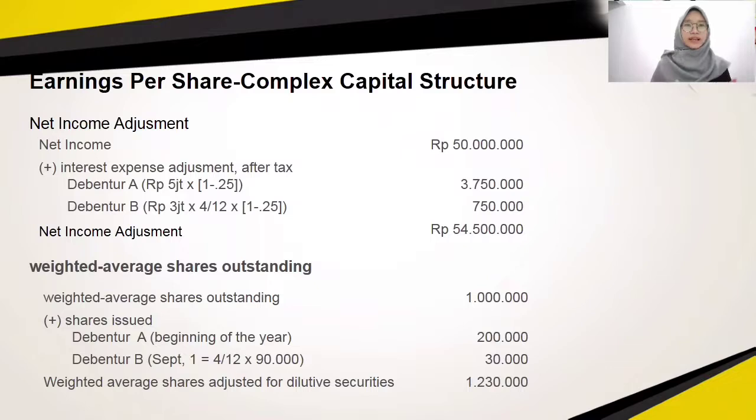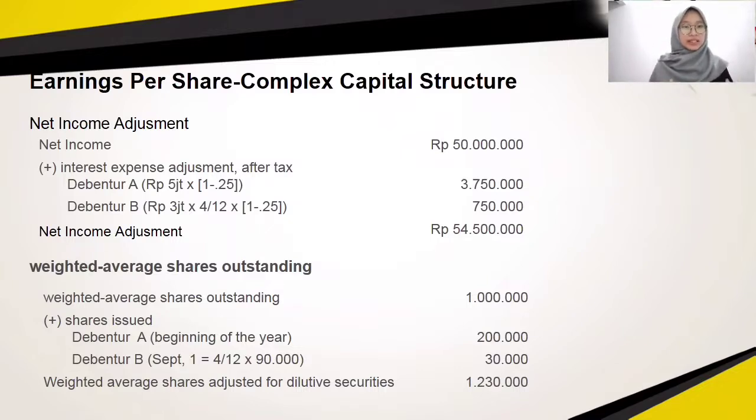Thus, the interest added to the 7% convertible debenture is 750,000. And the 54 million and 500,000 showing adjusted net income. This amount becomes the numerator of the calculation for diluted earnings per share.